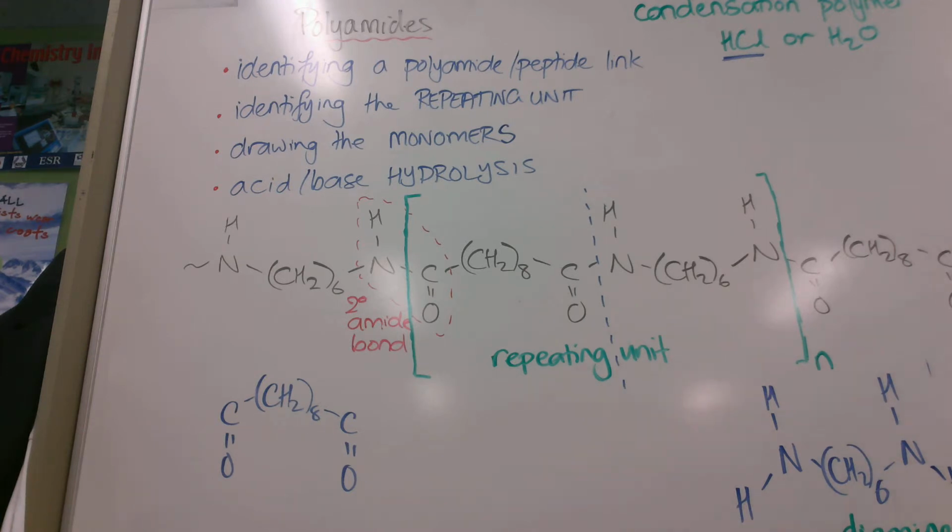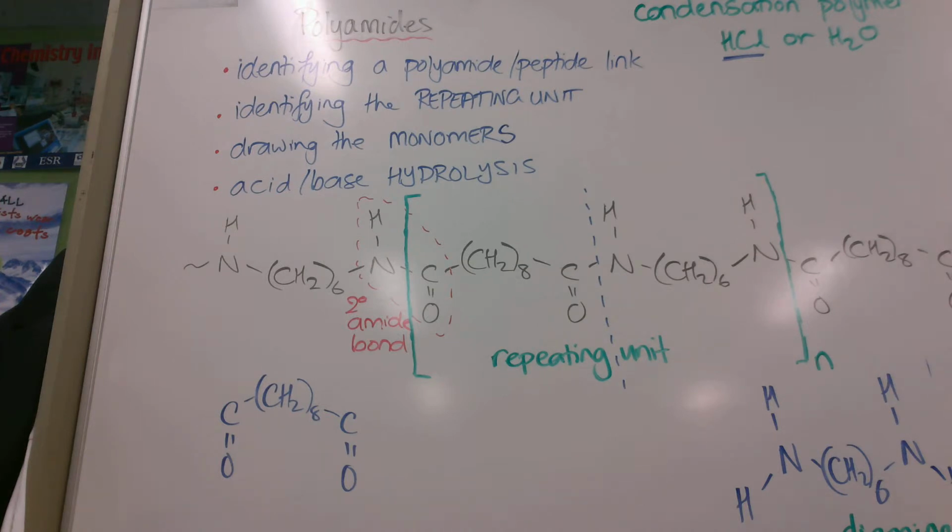You must be able to name this. How many carbons? 6. It's on each end, so which numbers are the amine groups on? 1 and 6. So it would be 1,6-diaminohexane. Perfect. You would be expected to name this one.